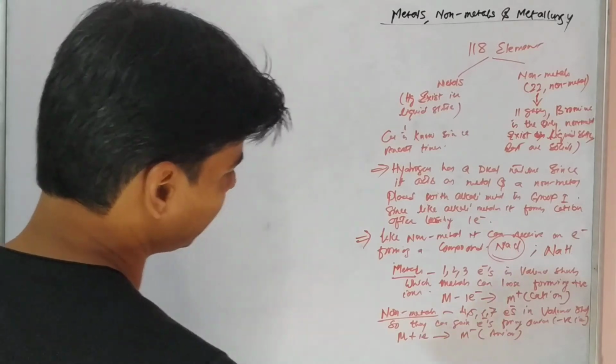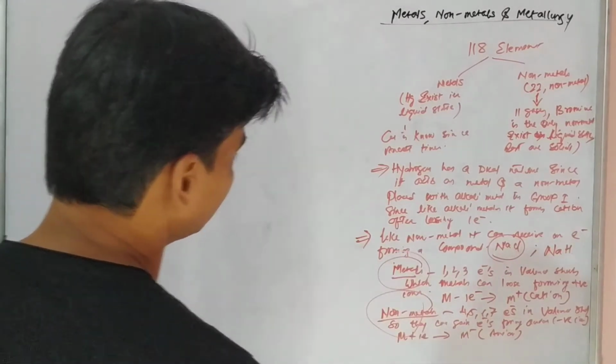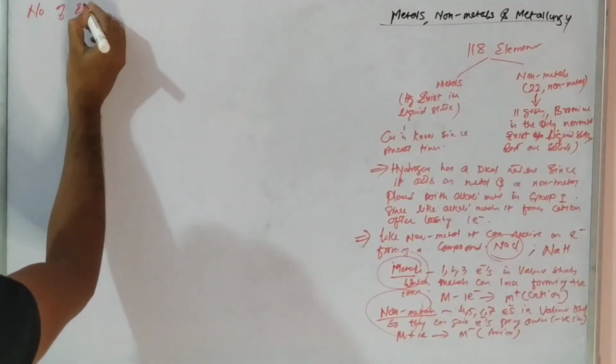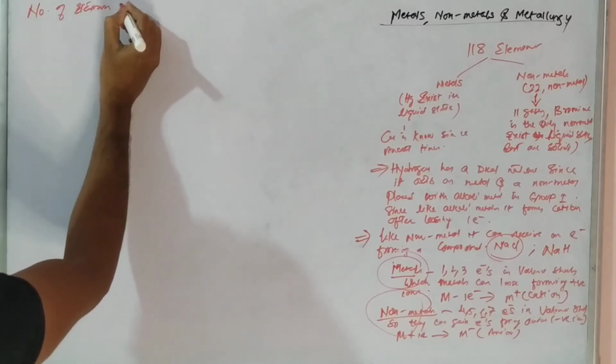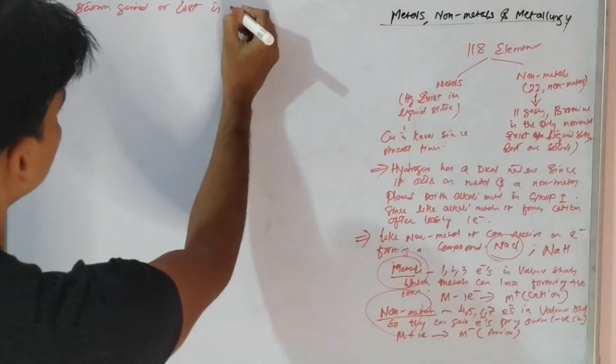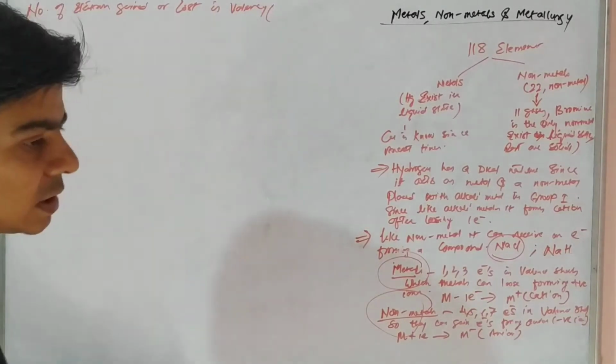And one more thing, we have done this in periodic classification, that the number of electrons gained or lost is called valency, and valency is the combining capacity of an element, right?